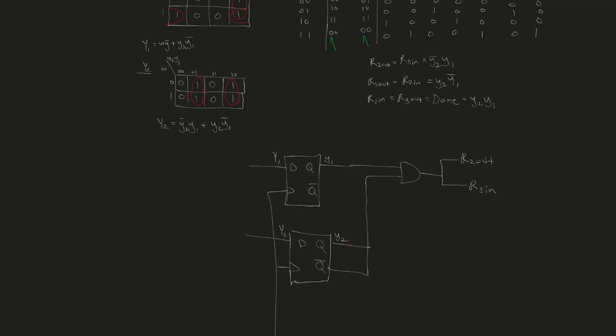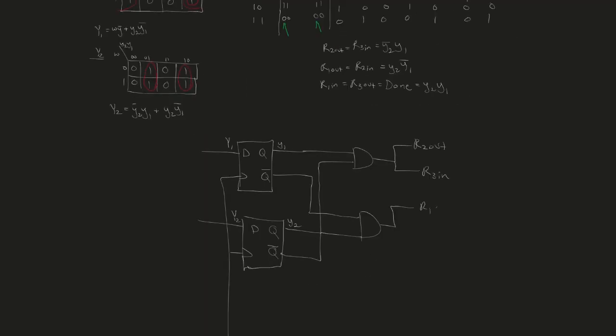And then another one we can do is take y2 and y1 NOT, connect them. This one will be r1 out, and this one will be r2 in. And the last one, we just connect y1 and y2, connect these two, and then we get three outputs, r1 in, r3 out, and done.